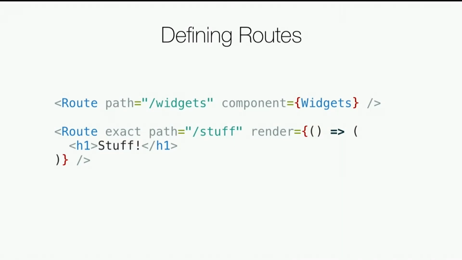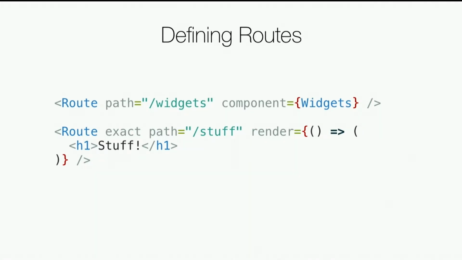So for example, for the widgets one, if we were at the URL location mydomain.com/widgets/1234, would that still match the top one? Yeah, in this case it would. It only cares about widgets and it doesn't specify if there can be anything additional. So yeah, that matches, so I'm going to render that thing.